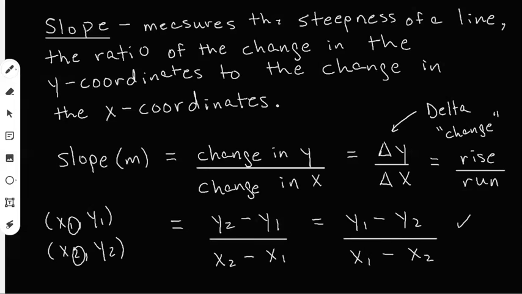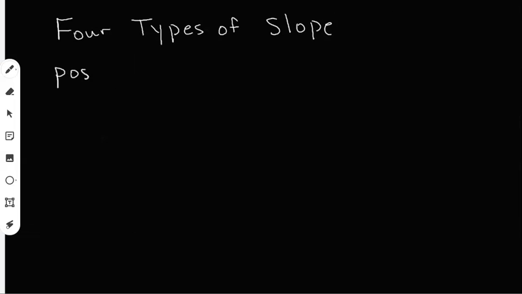Okay, let's talk about the different types of slope that you could get. So there are 4 types of slope. There's the positive, the negative, 0, and undefined. So if your slope is positive, what's going to happen is your line is going to go up as you go from left to right.